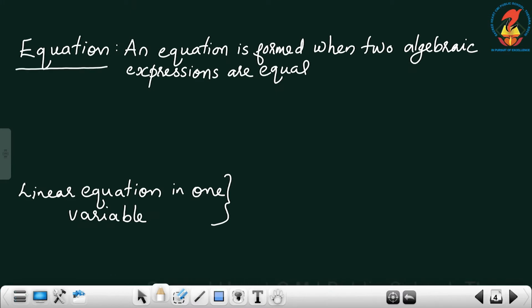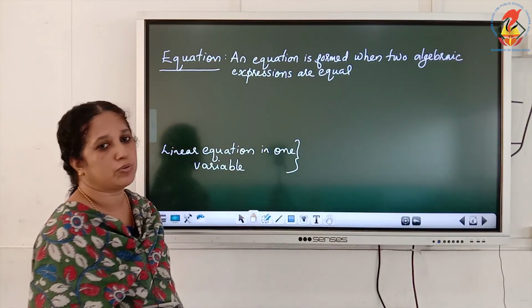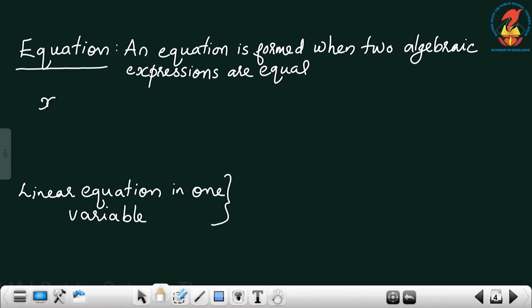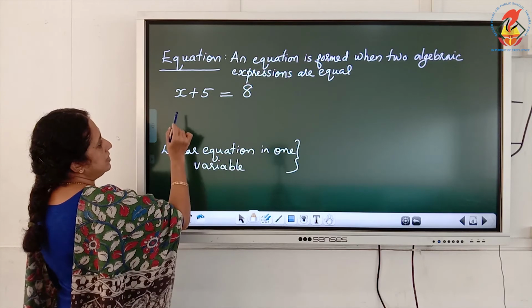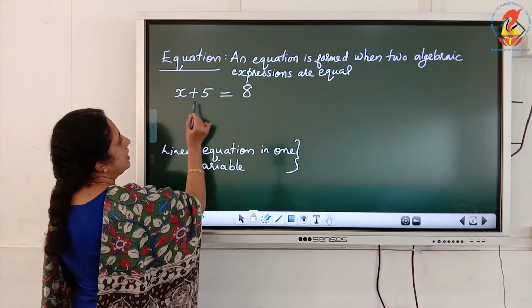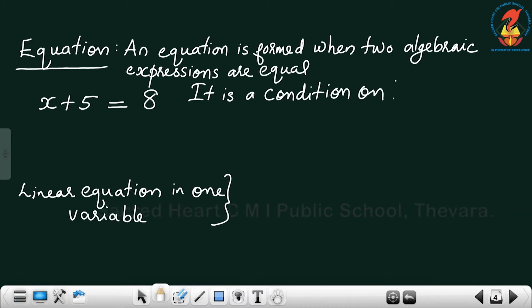Then, next comes equation. When two algebraic expressions are equal, an equation is formed. For example, x plus 5, an algebraic expression, is equal to 8. An equation is a condition on the variable.